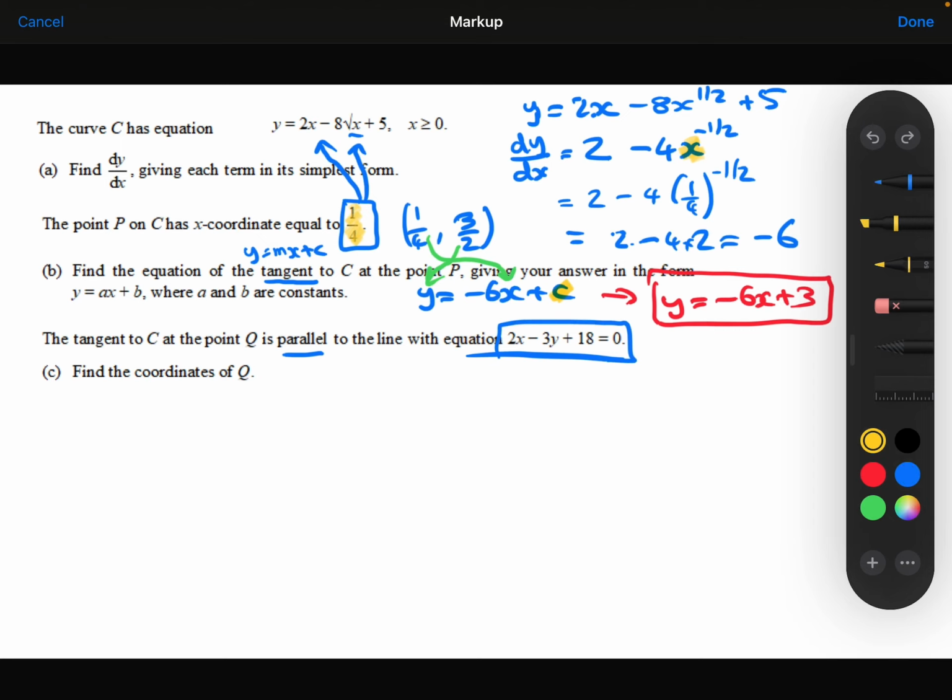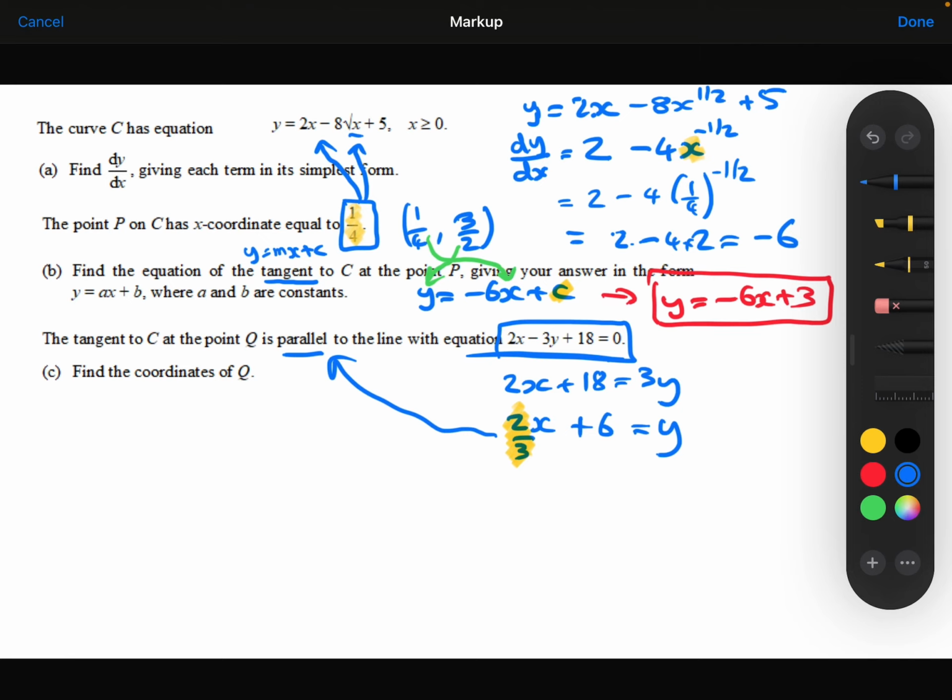What I'm going to do is work out the gradient of this line by rearranging it to be in the form of y equals mx plus c. So I've added the 3y to both sides, and then I'm going to divide both sides by 3. So now I can see that the gradient of this line is 2/3.